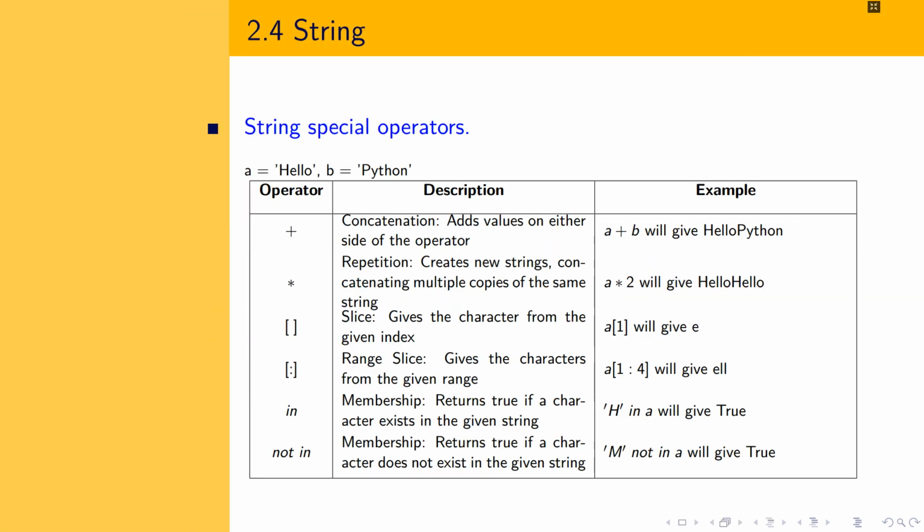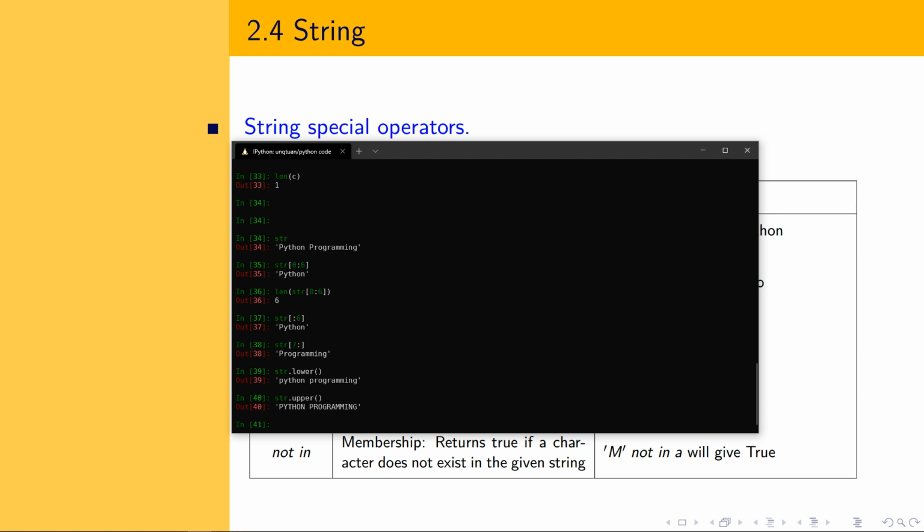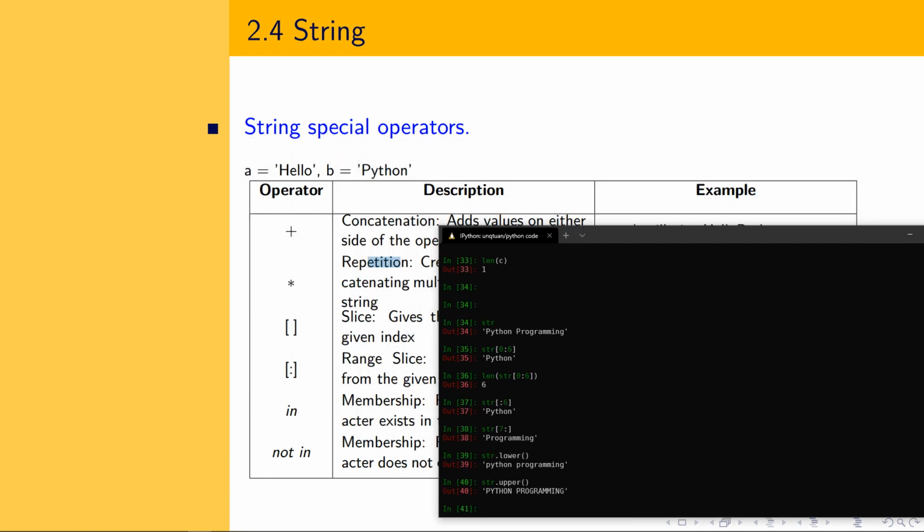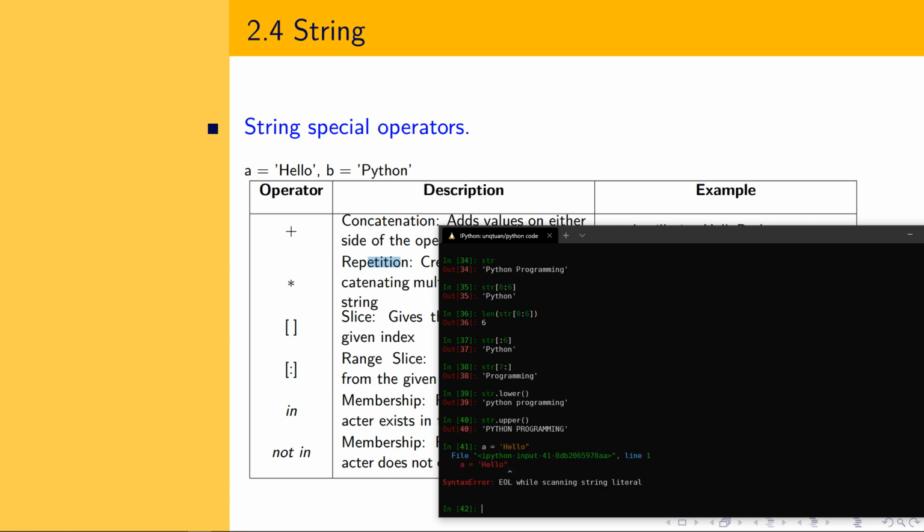The next is about the string special operators: concatenation, repetition, membership, the slice, and the range slice, which we already talked about. Let me do some examples. Let's say we have a equal to hello, sorry, we have to use the same quotation, so you should reverse that.